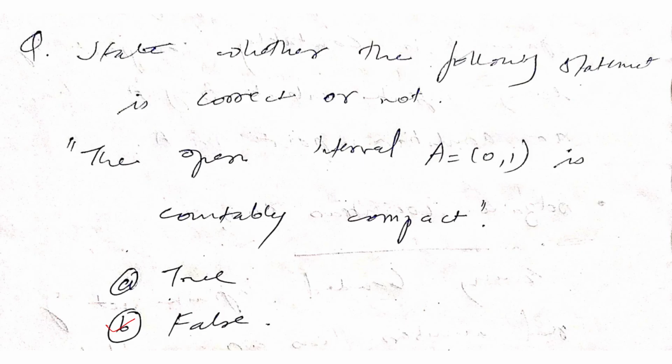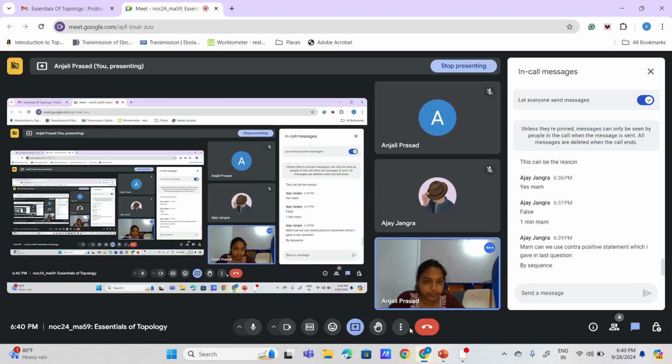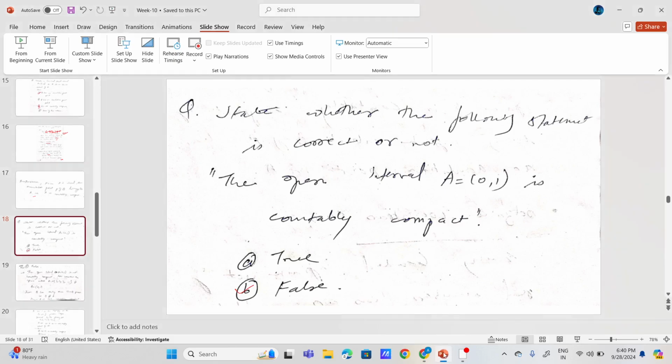Yes, by sequence. So how can we prove it by using a sequence? What kind of sequence do we need to form?